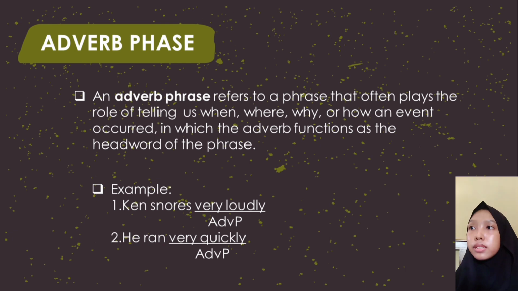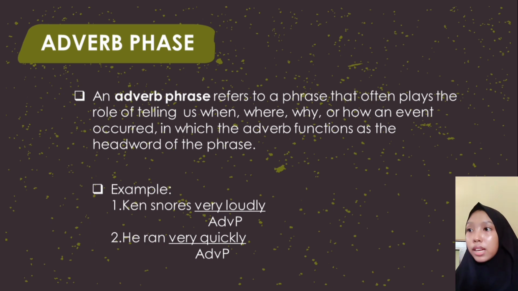Next, adverb phrase. An adverb phrase refers to a phrase that often plays the role of telling us when, where, why, or how something occurred, in which the adverb functions as the head word of the phrase.